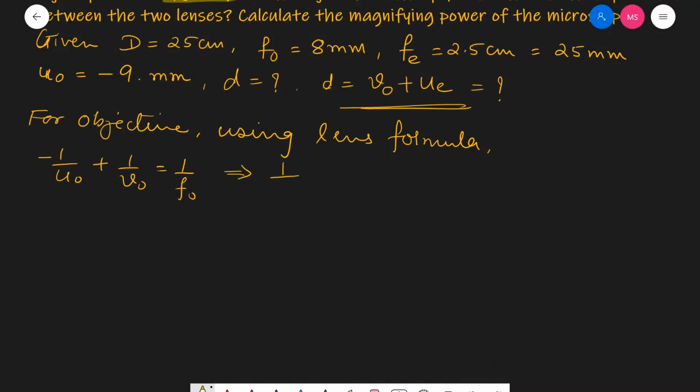So 1 by VO will be equal to 1 by FO plus 1 by UO. So that is equal to 1 by FO is 8 plus 1 by minus 9.